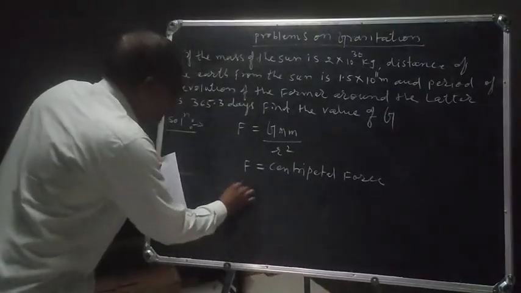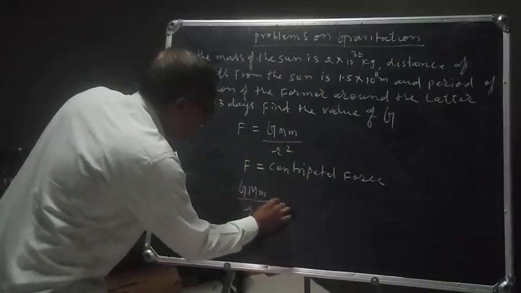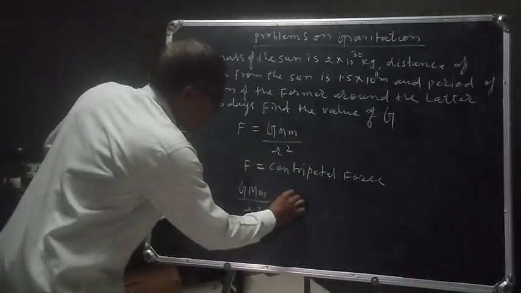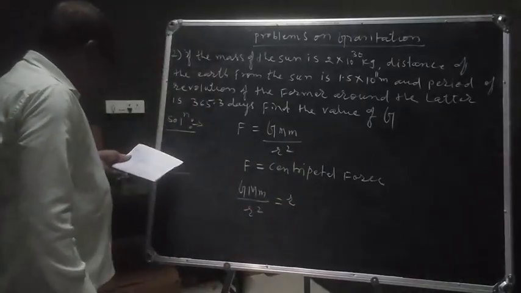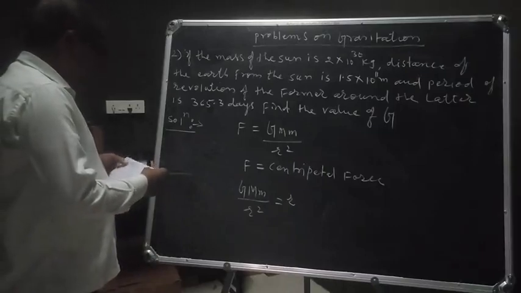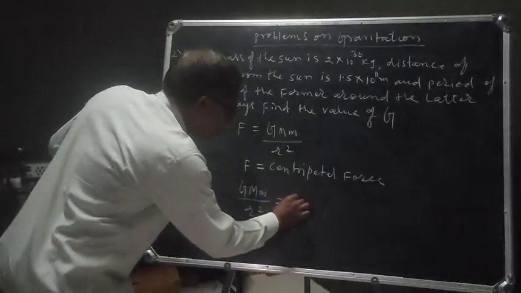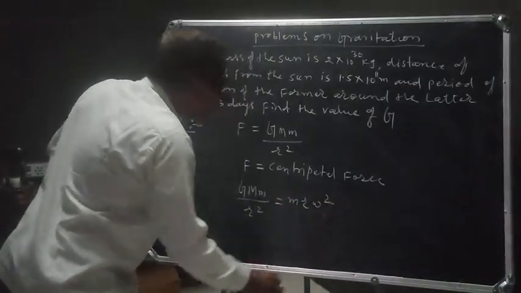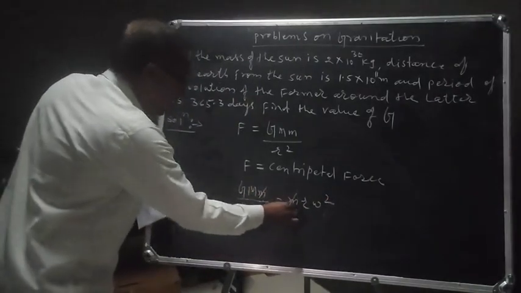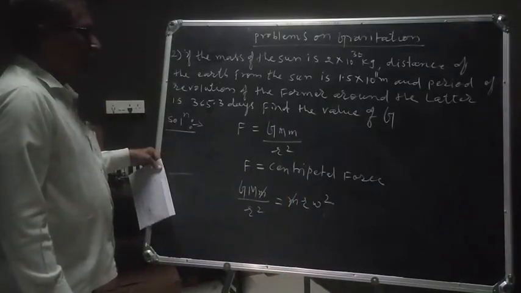That is G M m upon r square equals to, and the centrifugal force is given by m r omega square. This m and the m will get cancelled, and we rearrange this equation for G.